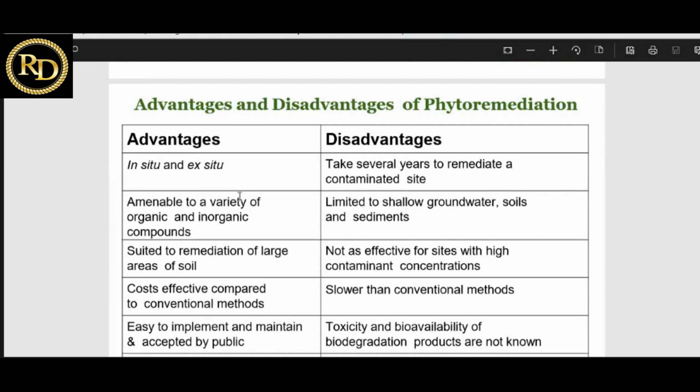Here are some advantages and disadvantages of phytoremediation. The first advantage is that it is an in situ and ex situ process, and a disadvantage is that it takes several months to several years to remediate the contaminated site. Second, you can go for year-by-year plantation of such crops, because one or two plantations are not effective enough to remediate 100% of the metals from the soil.